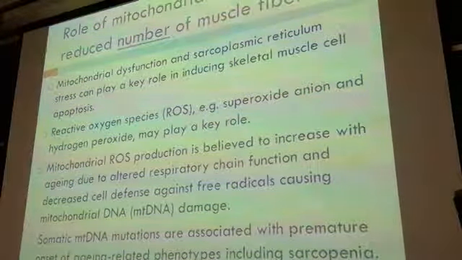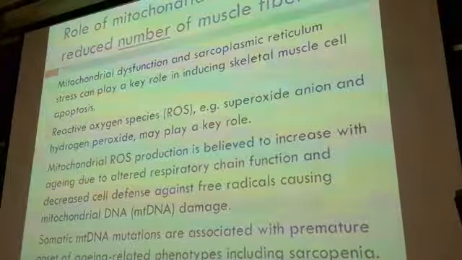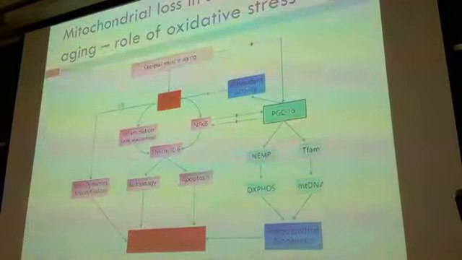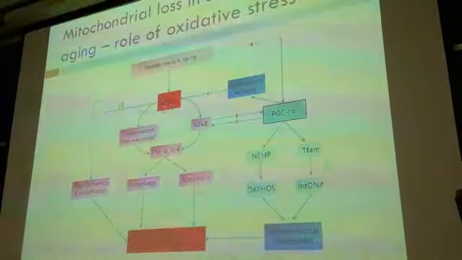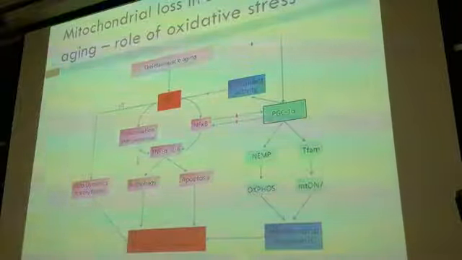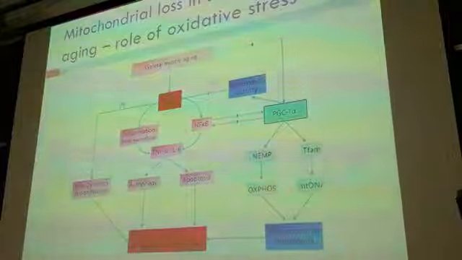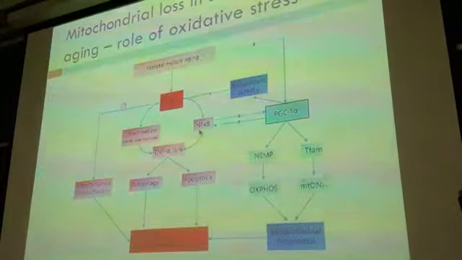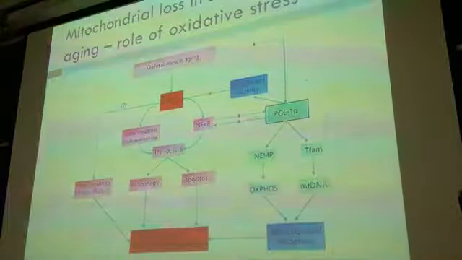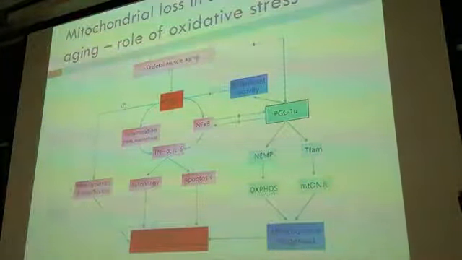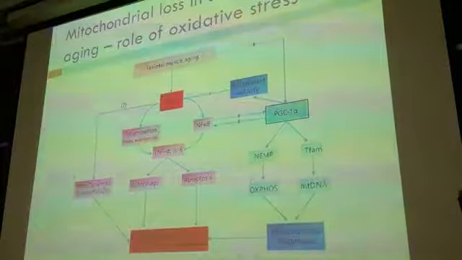And this can cause mutations in mitochondrial DNA that can be associated with a lot of changes in aging, including sarcopenia. So here's a scheme, and you don't need to know all the details of this, but just to see where reactive oxygen species fits in terms of disrupting mitochondrial homeostasis, operating through inflammatory signaling pathways, cytokines, NF-kappa B, can lead to both apoptosis as well as autophagy, which can reduce mitochondrial number and mitochondrial biology.